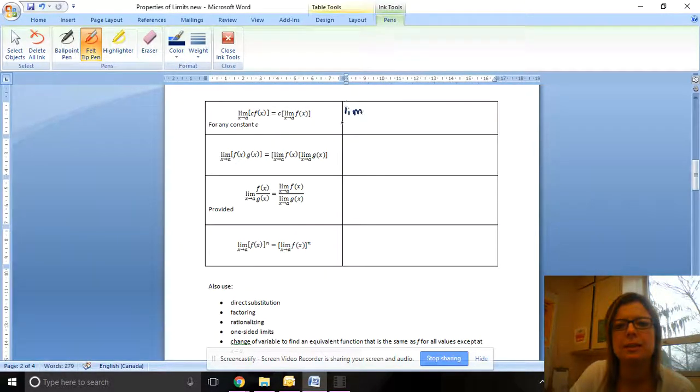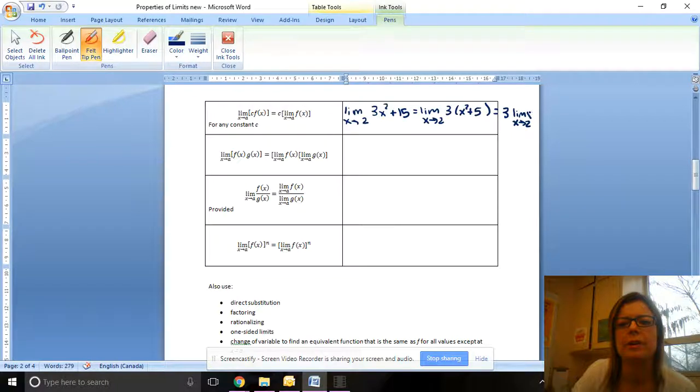Well, I can simplify this to the limit as x approaches 2 of 3 bracket x squared plus 5. So I can separate that out into 3 times the limit as x approaches 2 of x squared plus 5. Okay, so I can take this 3 because it was common factored out and put it outside of the limit.